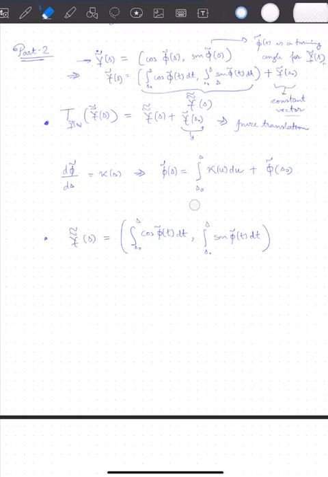And let me make some minor change just for the sake of convenience. We can take this and let me call it some function psi of s. I hope this is just for simplification.